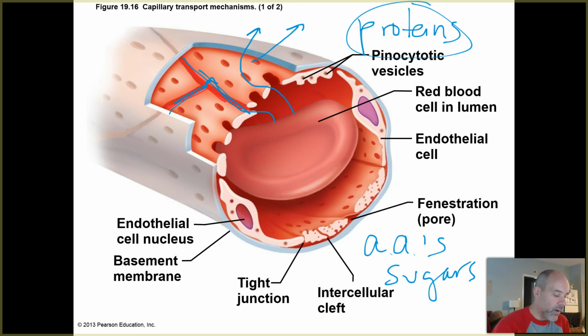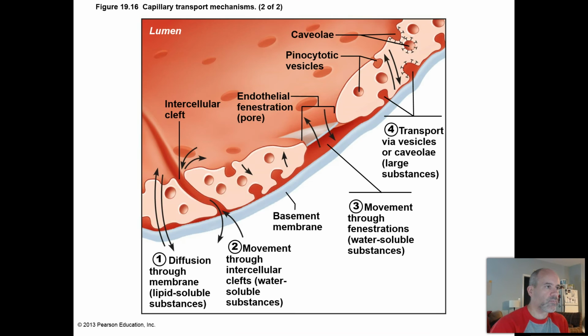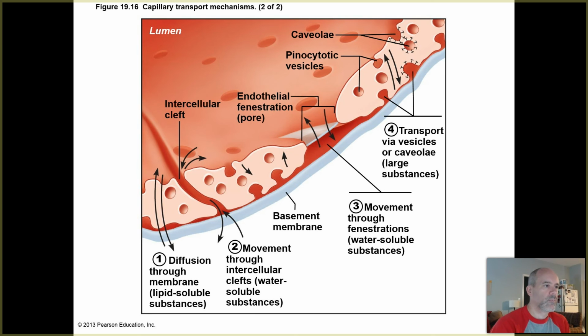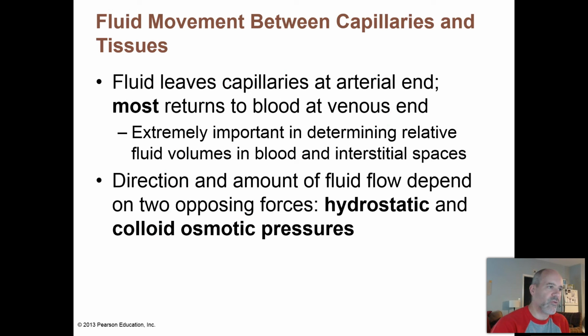That's why, as I mentioned, if you're supposed to move proteins, bigger molecules, out of a capillary and into surrounding fluids, they'll actually be taken up by the cells in the wall inside a little membrane-covered vesicle, transported across the cell, and then dumped out into the surrounding tissues. Okay, and this diagram from your textbook just shows you some of those processes that I was talking about on the last slide. I was just drawing them in for you.